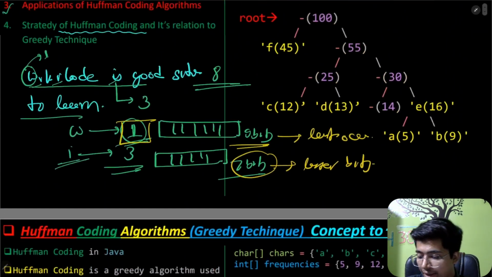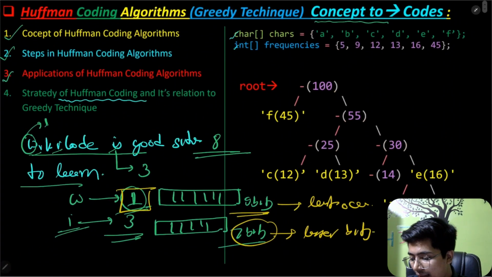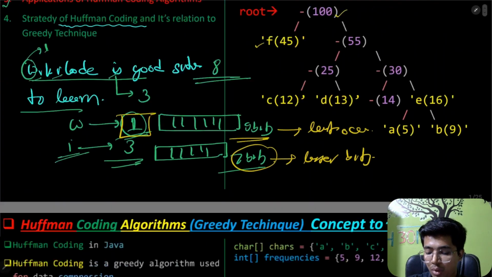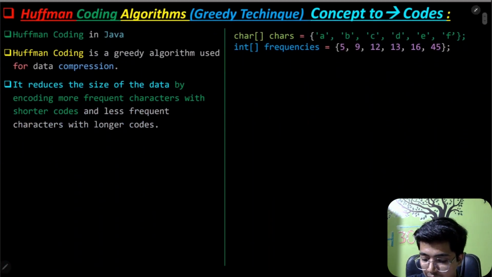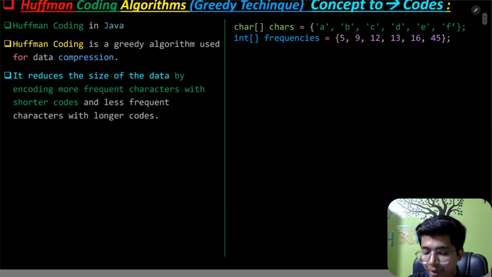Let's study it in depth, and this is how the Huffman tree is built. That is the structure you can see, and we'll be understanding the structure also. So this is Huffman coding. Let's read the theory. Huffman coding is a greedy algorithm used for data compression.